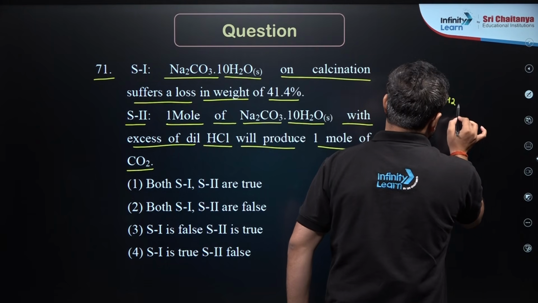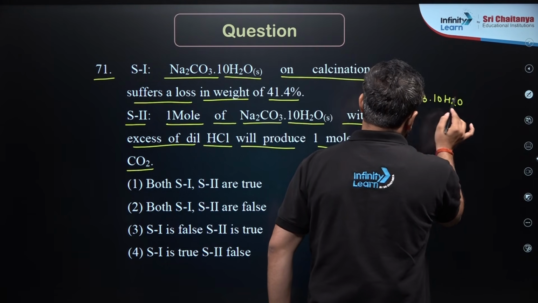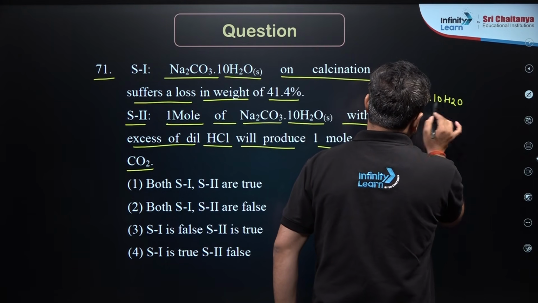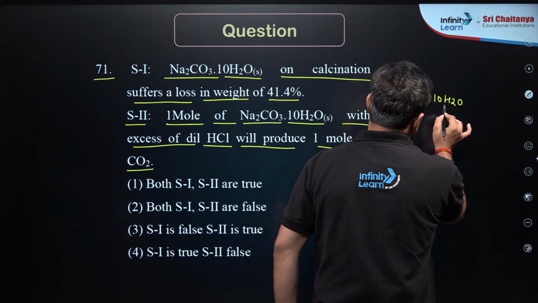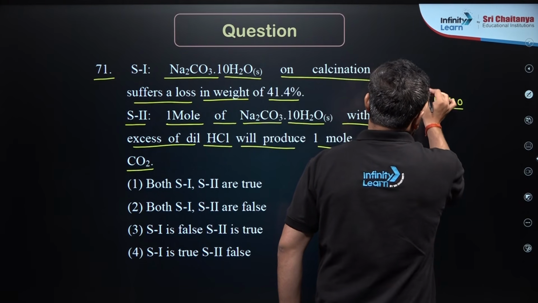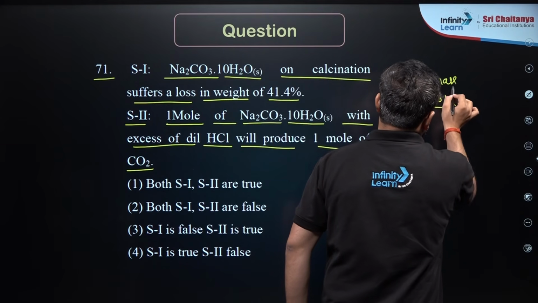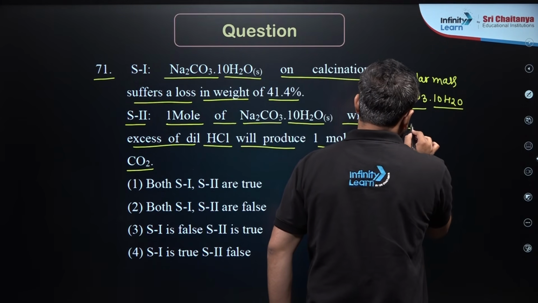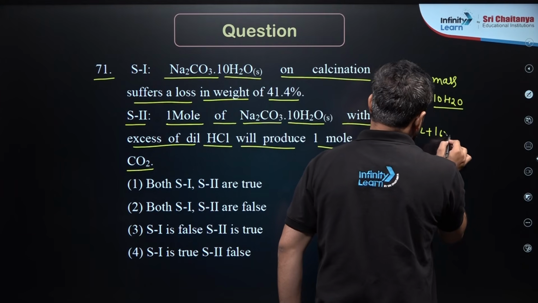If we are heating this one, firstly we need to check the overall molar mass of Na2CO3.10H2O. So this is 23 into 2, plus 12, plus 16 into 3.